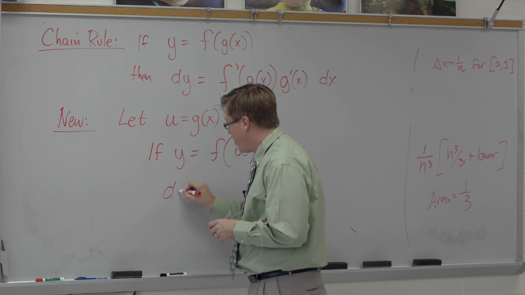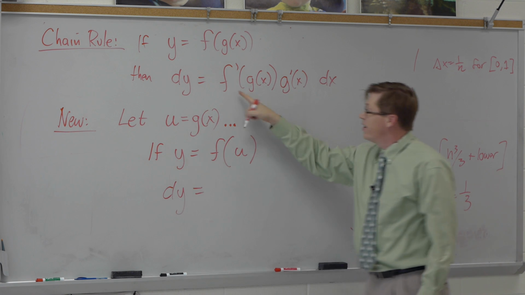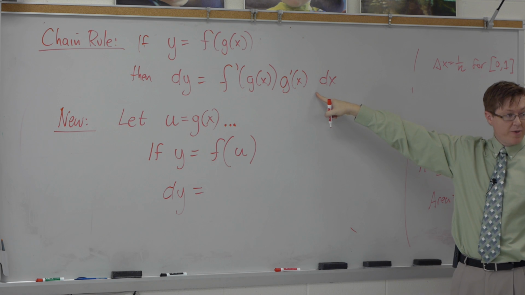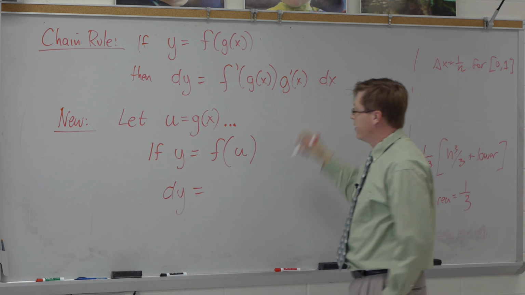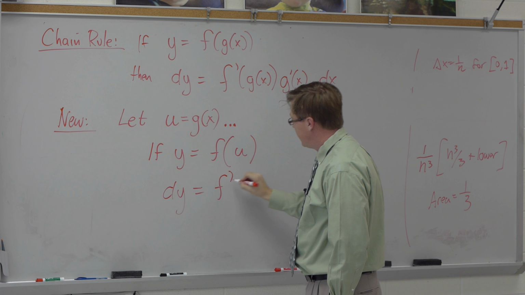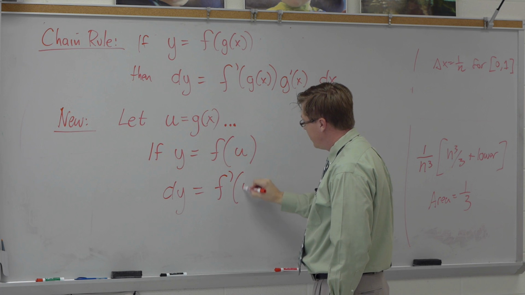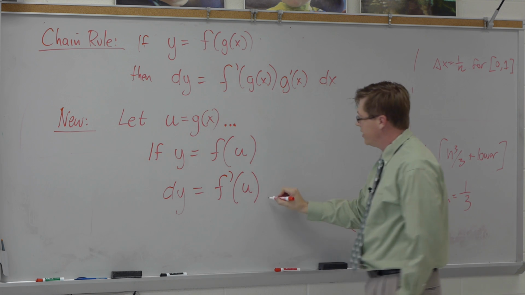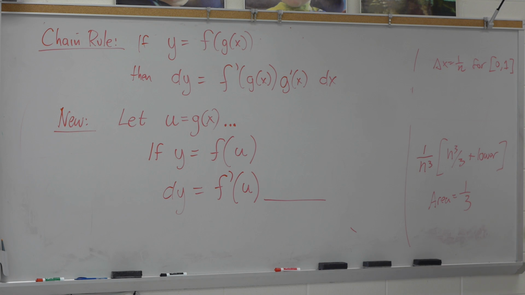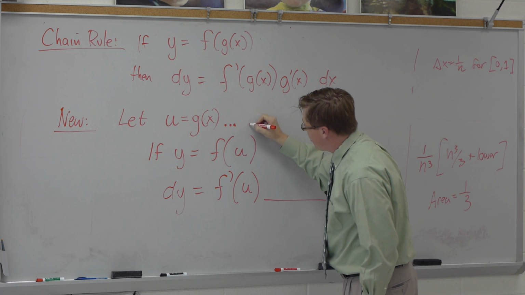So that makes dy, according to this formula up here, f prime of u times something. Let's back up here to this step.